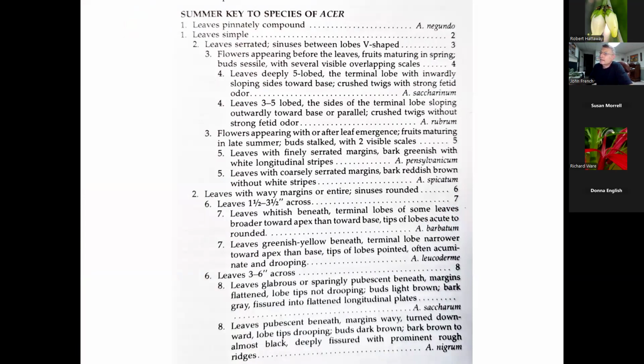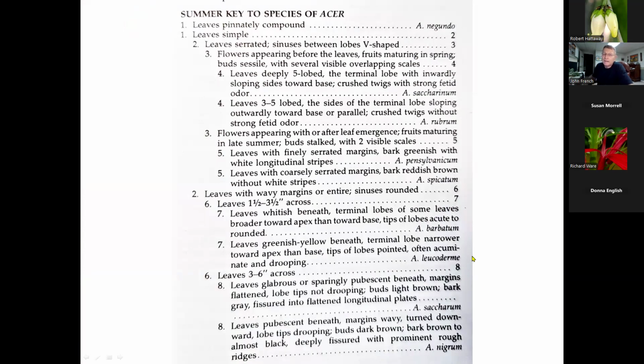All right, here's the key. Leaves are simple. Go to second number one. Are the leaves serrated, sinuses between lobes V-shaped, or the leaves with wavy margins or entire, sinuses rounded?